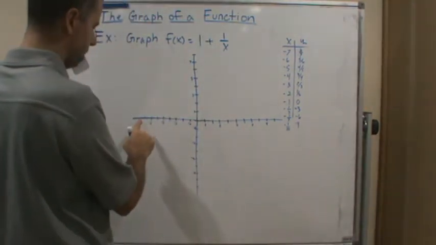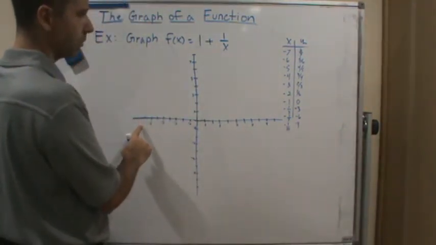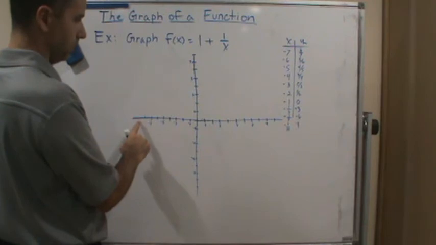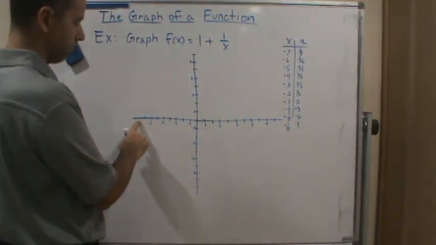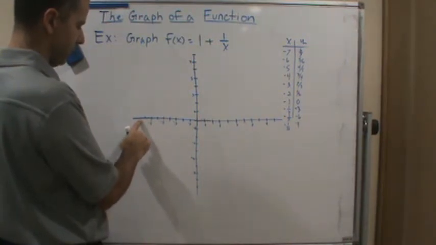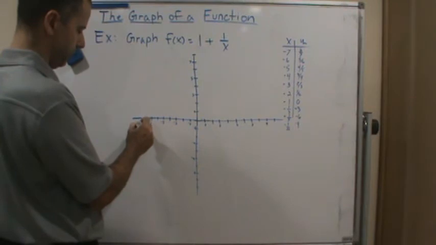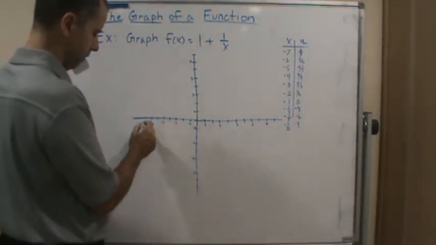It starts off with values that are really small. When x is really big negative, the graph is really close to the x-axis, right?